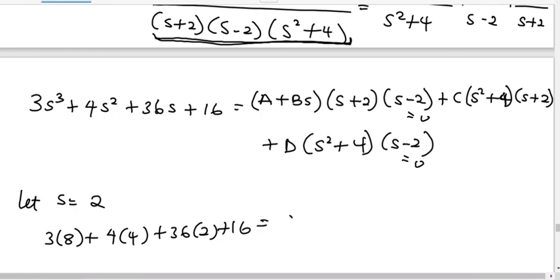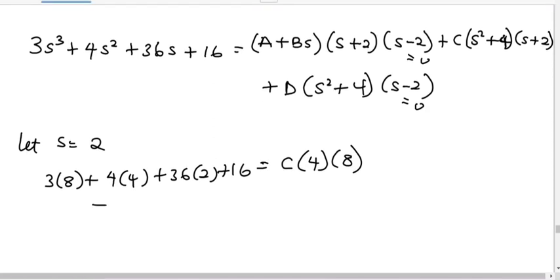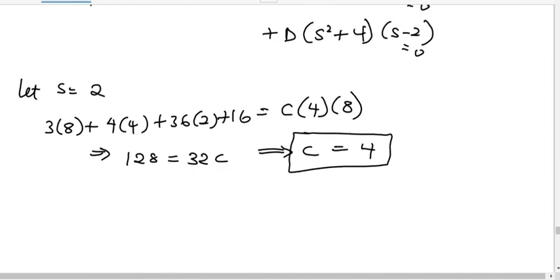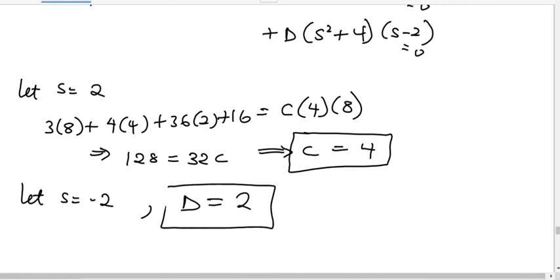This will give us c into 4 into 8, which implies that 128 equals 32c, which gives us that our c is simply 4. 128 divided by 32 gives us 4. In the same vein, if we let s equal negative 2, you can do this yourself, we're going to find out our d is just going to give us 2. Solve it and you get exactly this.